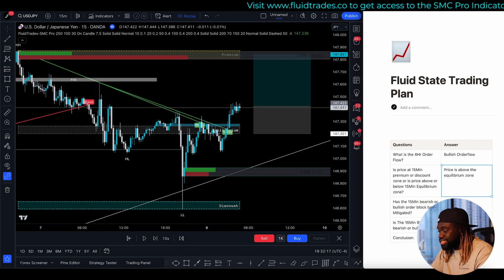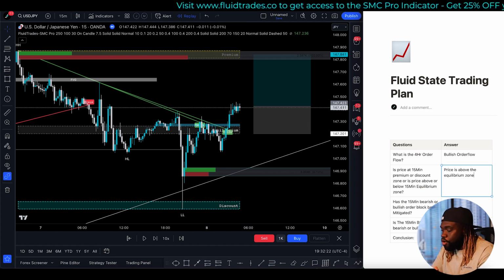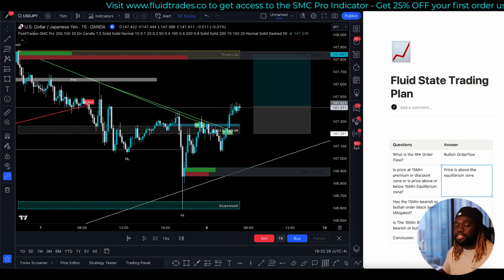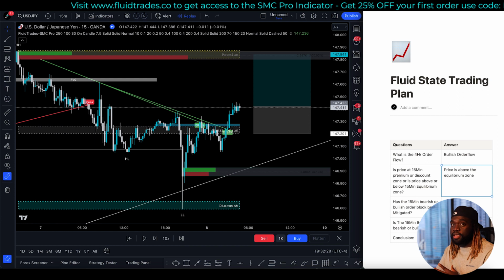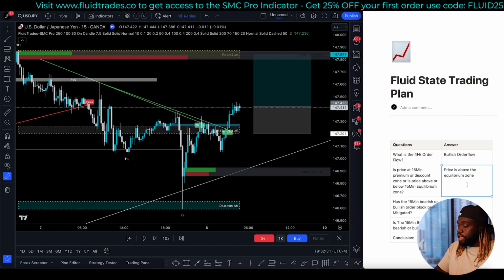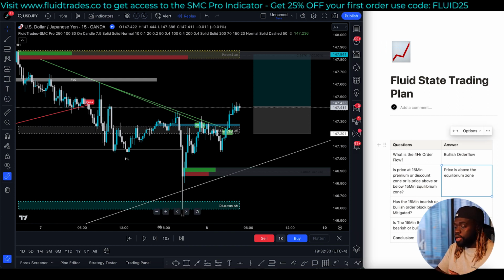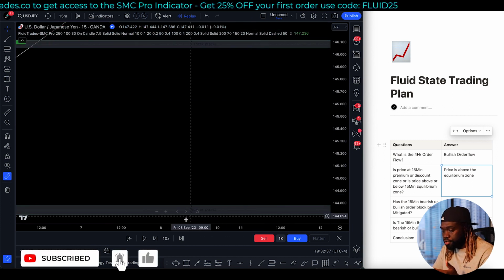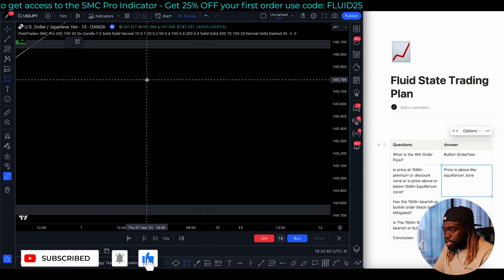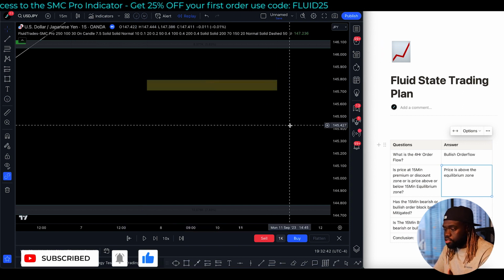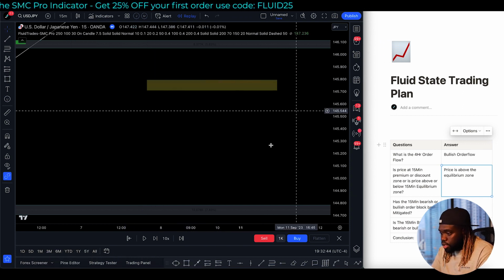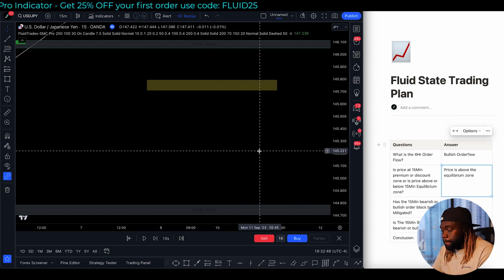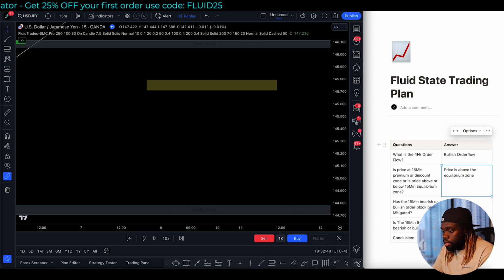Now the next question is, has the 15-minute bearish or bullish order block been mitigated? For those that don't know what mitigated means, it's whether price has mitigated that zone. Let's just do a little drawing. Let's say this was our supply zone or our premium zone. This is the market.